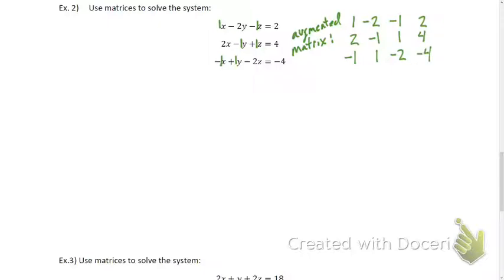All right, that is our augmented matrix. Technically, you're supposed to put a vertical line right here, but I don't really care about that.